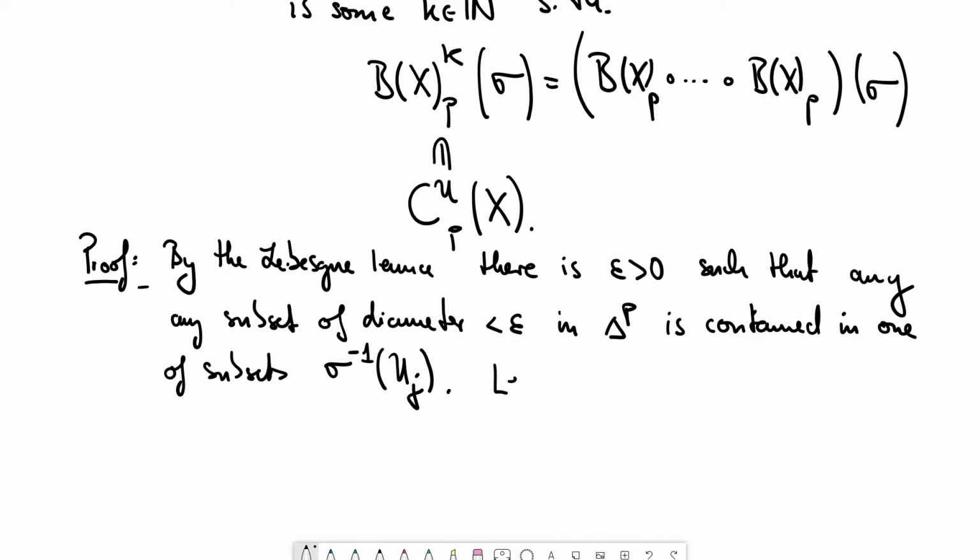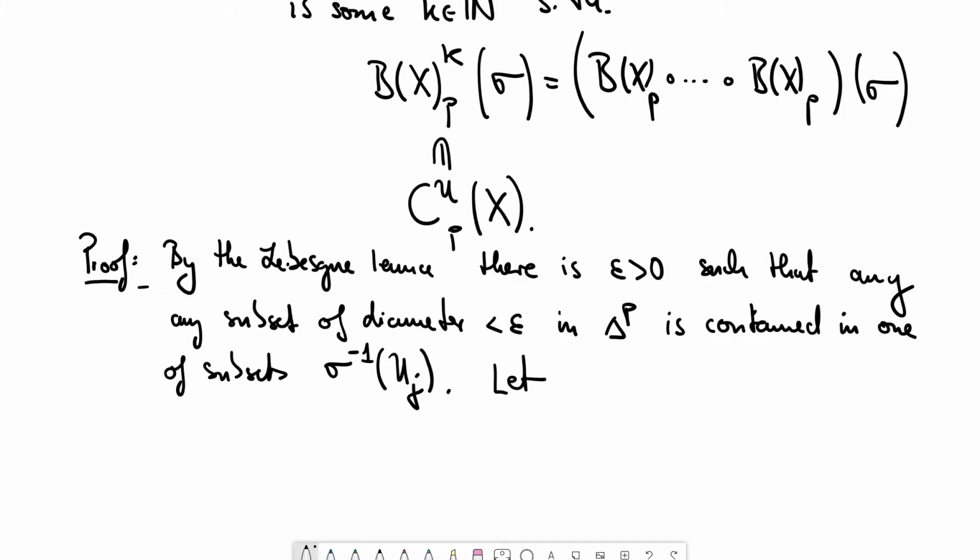And now you can guess what the k is. The k is so large that all the simplices, if you apply BP to the standard simplex, that the standard simplices are in diameter smaller than epsilon. That's the k we need.